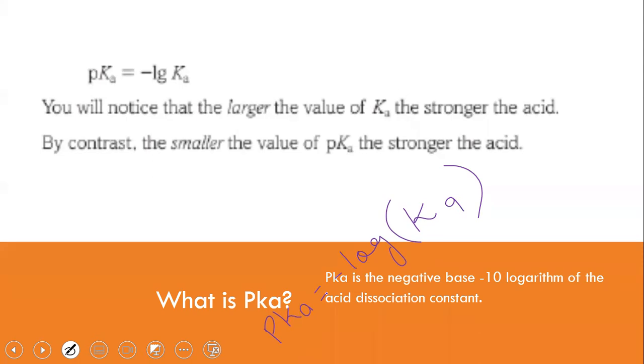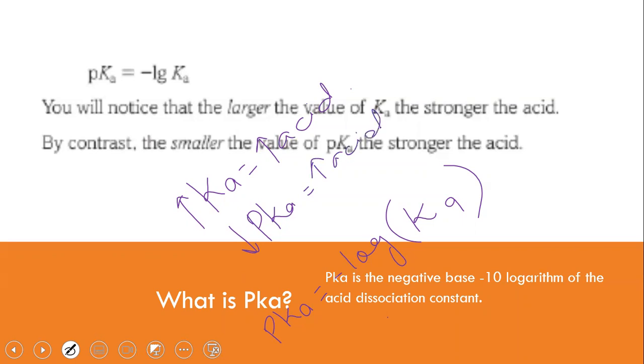Generally speaking, there are two things you have to remember. The greater the value of the dissociation constant, the stronger the acid. But for pKa, it is the opposite. The smaller the value of pKa, the stronger the acid.